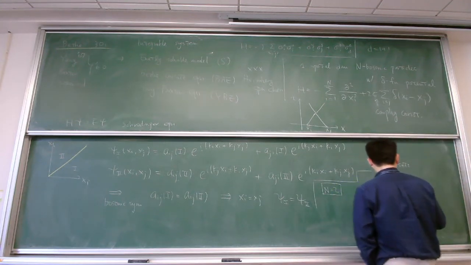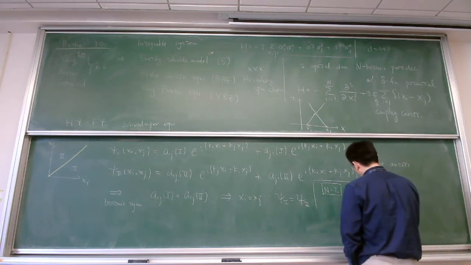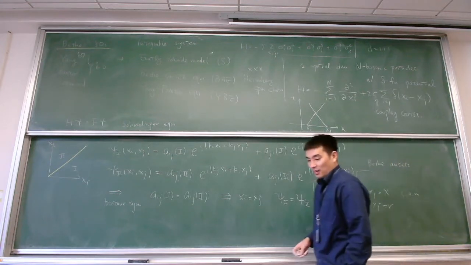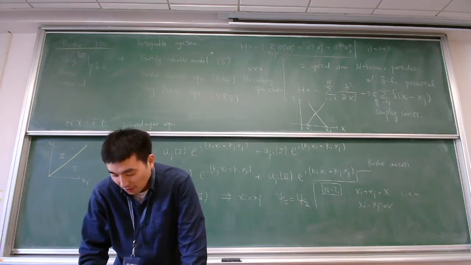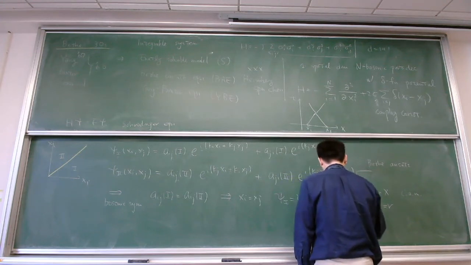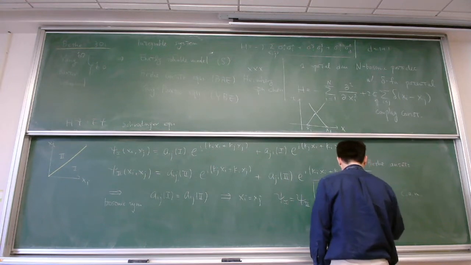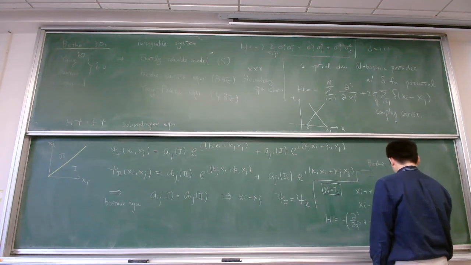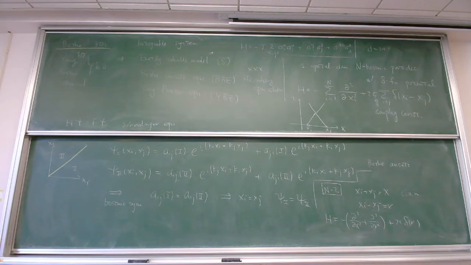This is the center of mass coordinate, and xi minus xj is the relative coordinate. So the Hamiltonian can be just written like this.